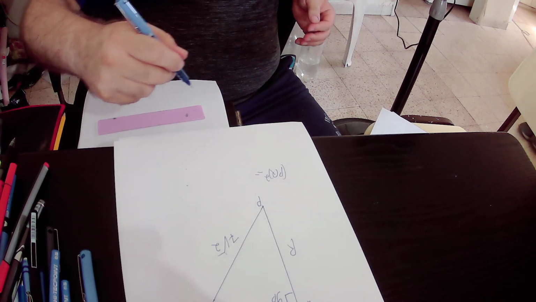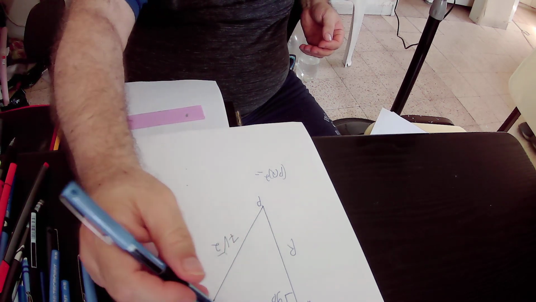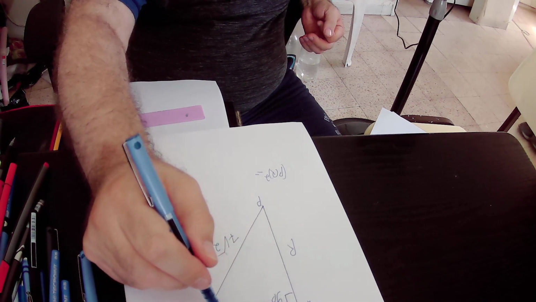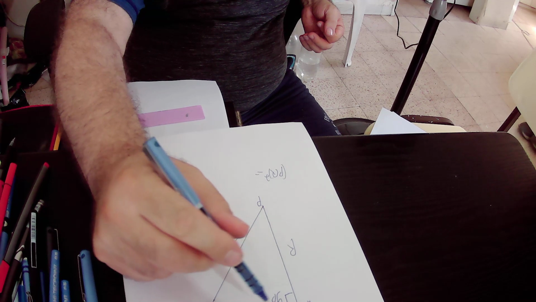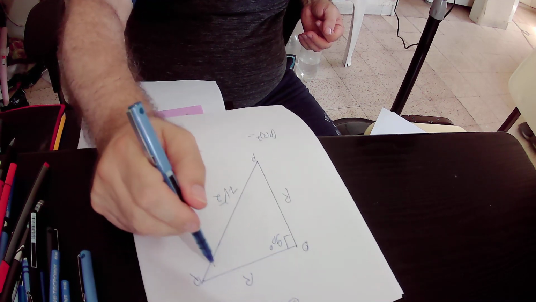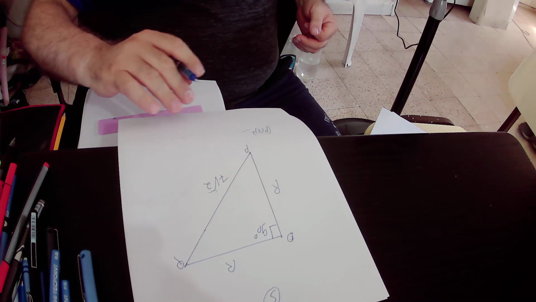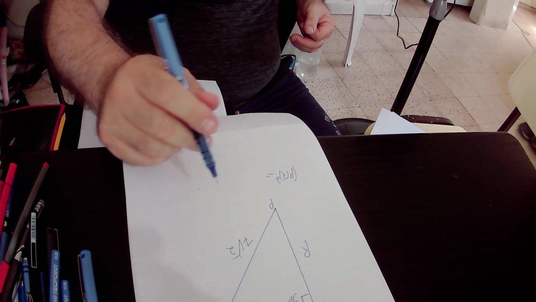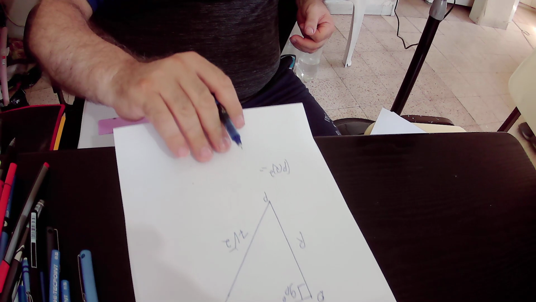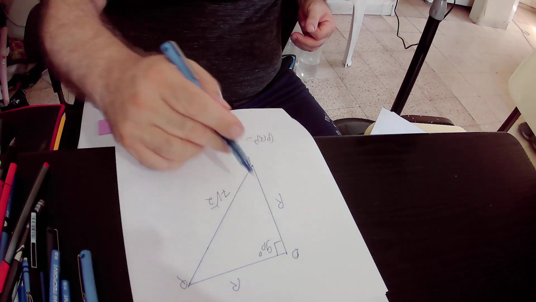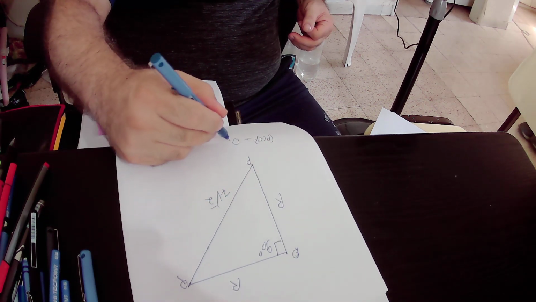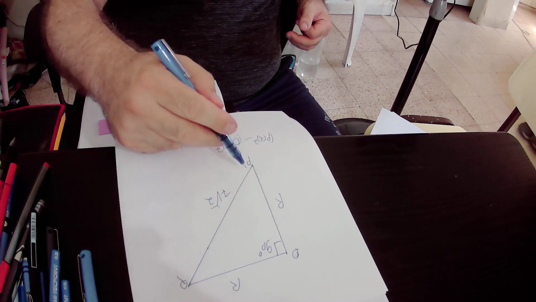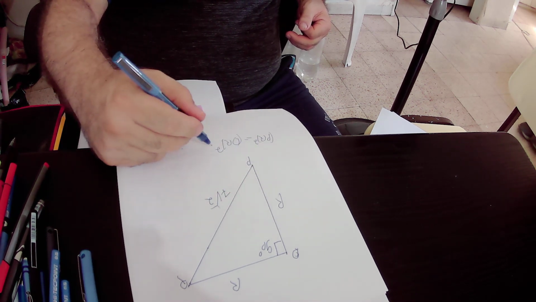So the first perpendicular is OQ, so it is OQ square, plus OP square.